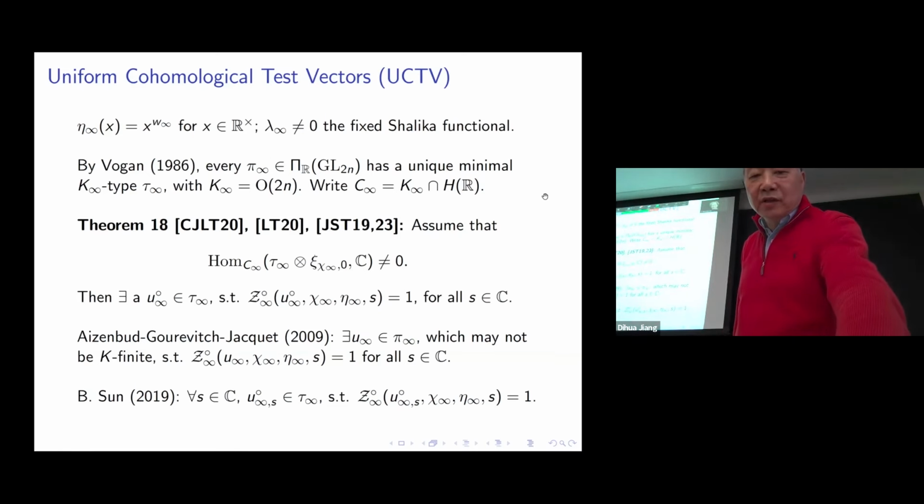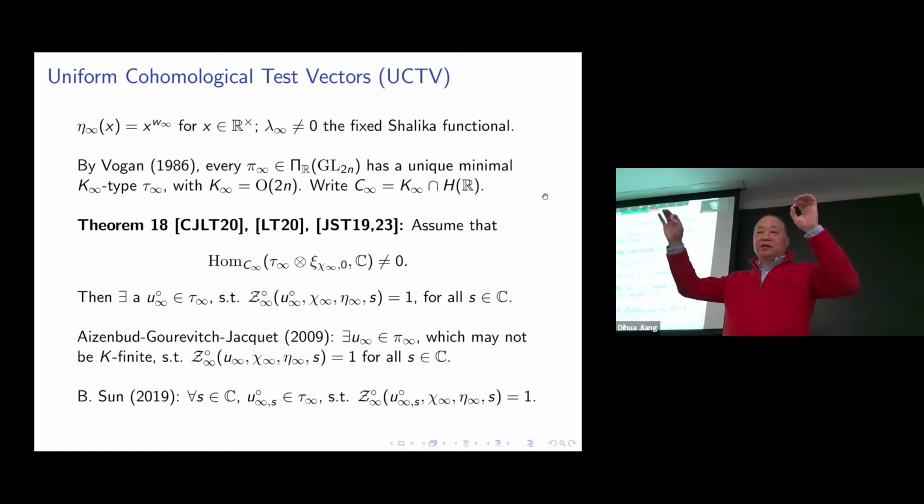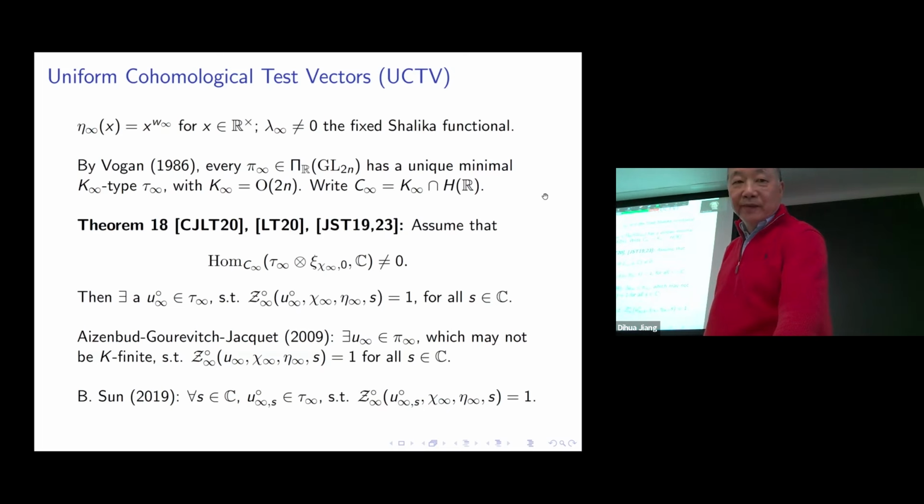Well, he constructed a vector in this particular K-type, but it depends on S. So for each S, he constructs one. Yeah, it's not uniform in S. But as I explained, for uniform in S, the different critical values, these periods are related. That's essential towards this conjecture.